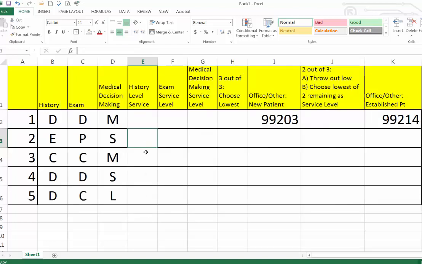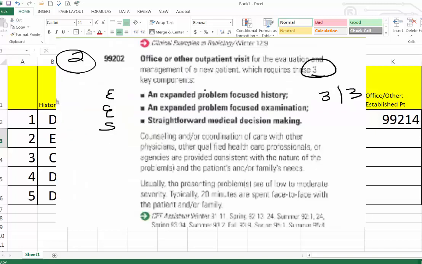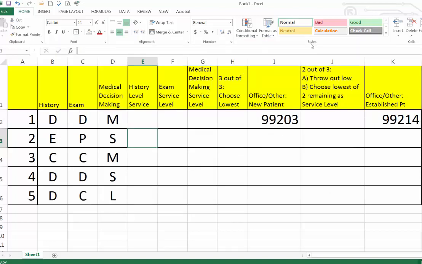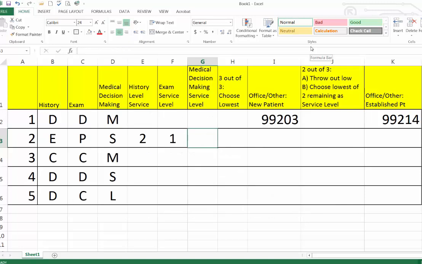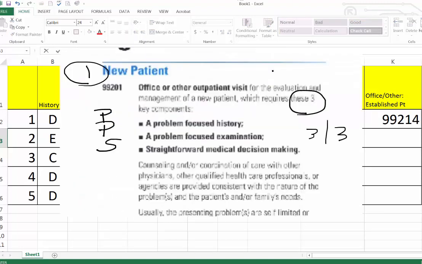So I have written off to the side EPS. So expanded problem-focused history, new patient in the office, is a service level 2. Problem-focused exam is a service level 1. Straightforward decision making. Okay, now we have something interesting going on.